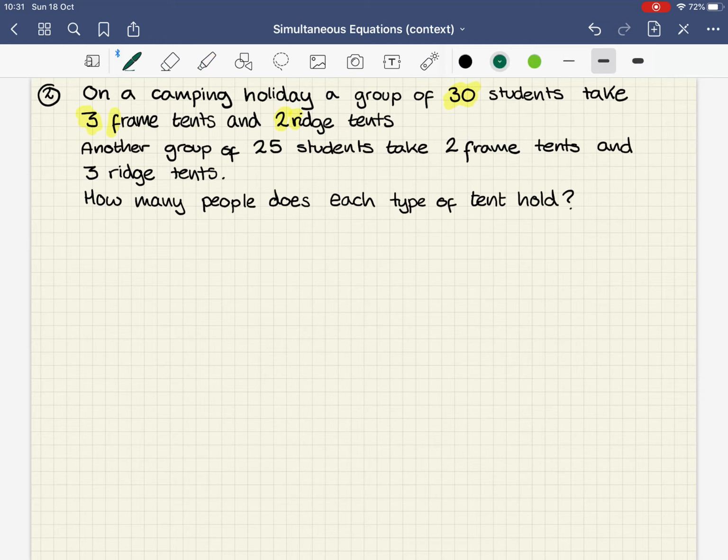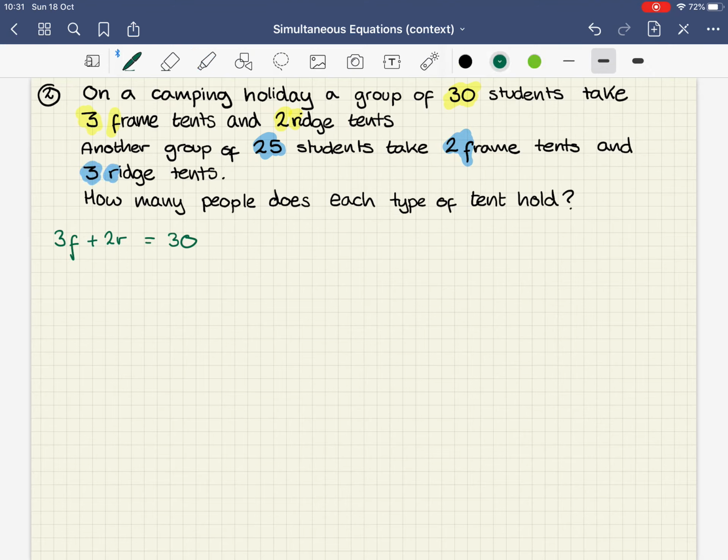So, my equation 1 is going to be that 3 frame plus the 2 ridge tents hold 30 people. And then my next one is I've got that 25 and I've got 2 frame and 3 ridge. So I've got 2 frame plus 3 ridge tents, and that equals 25. So that's my equation 1. That's my equation 2.